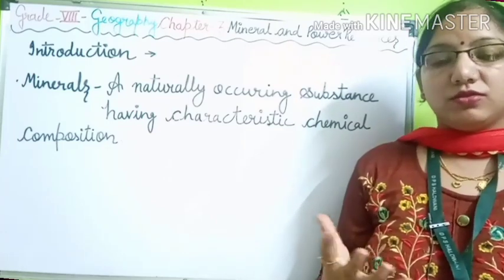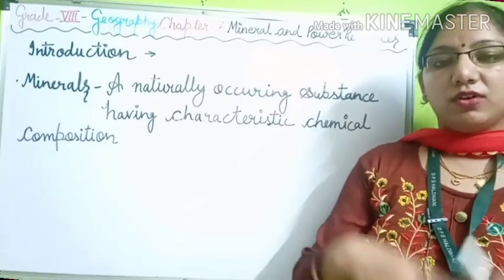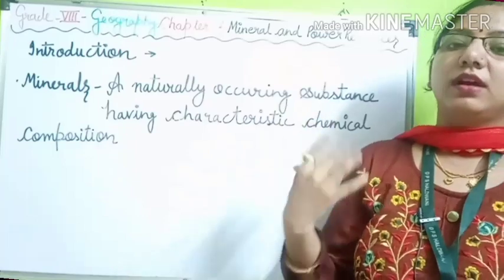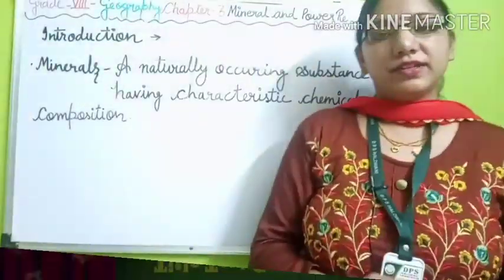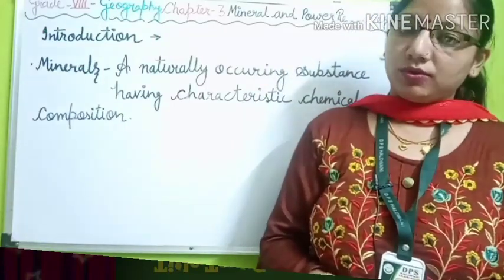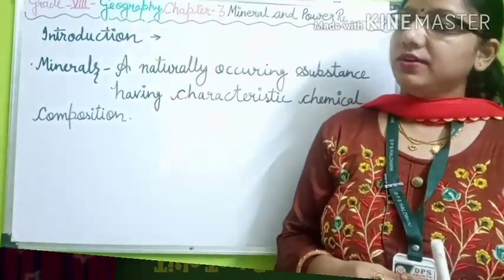So when the volcano is erupting, the elements come out in liquid form, and then they form the rocks. So that's why we can say minerals are always found in rocks.